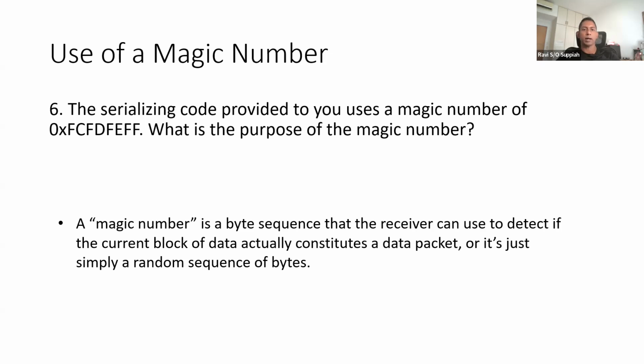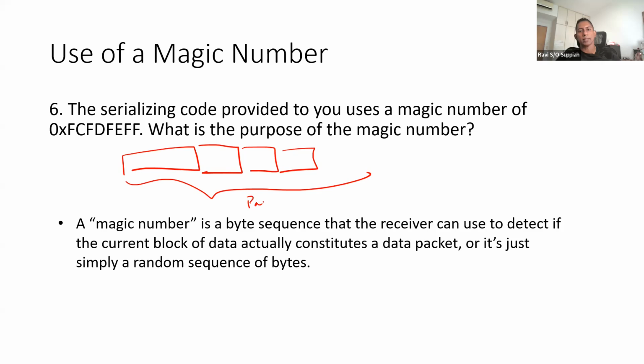Why do we need this? Because we know that our entire data is multiple bytes. After we send one packet, so we receive packet 1, I may immediately send the next packet, packet 2, and so on.